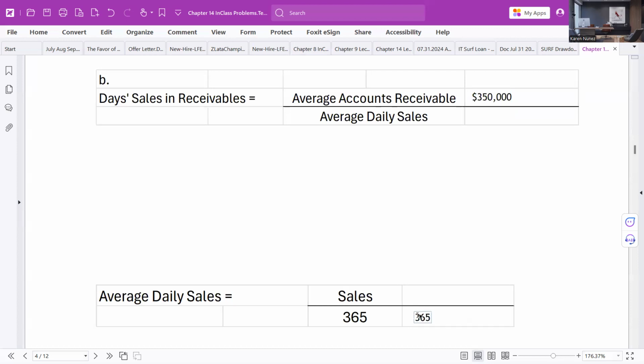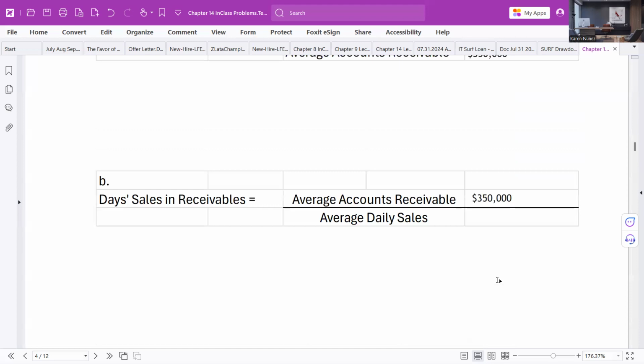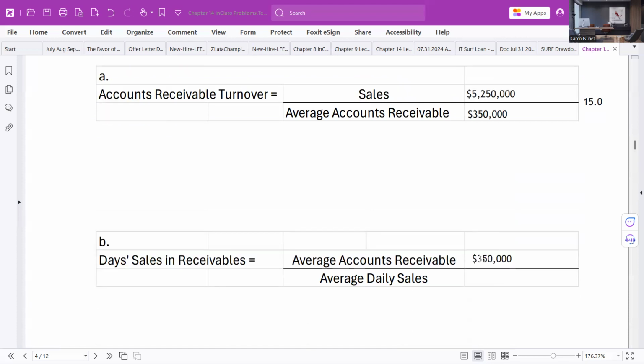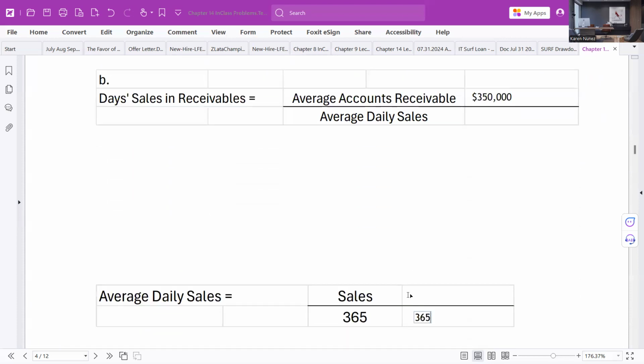And what are the sales? Well, the sales are 5,250,000. We have those right there. So we want to take those sales and find out what sales are on average on a daily basis.